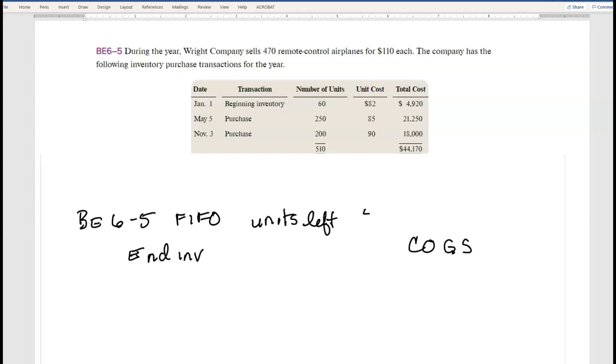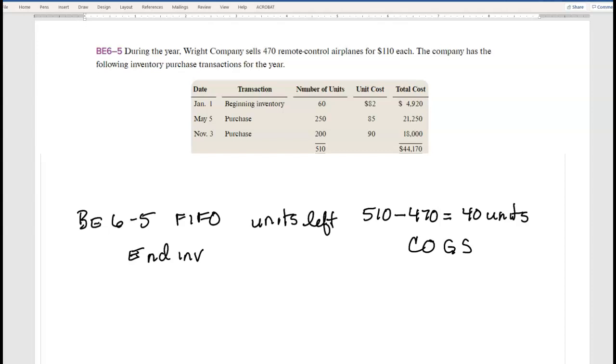We started with 510 units and we sold 470 units. So that means we have 40 units remaining. Is that correct? Yes, it is. So we have 40 units left.